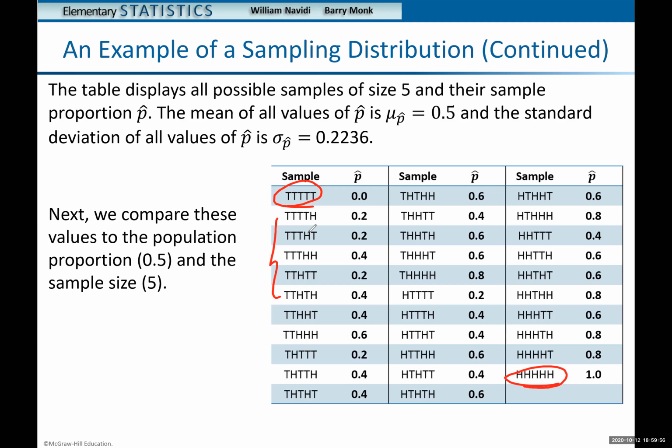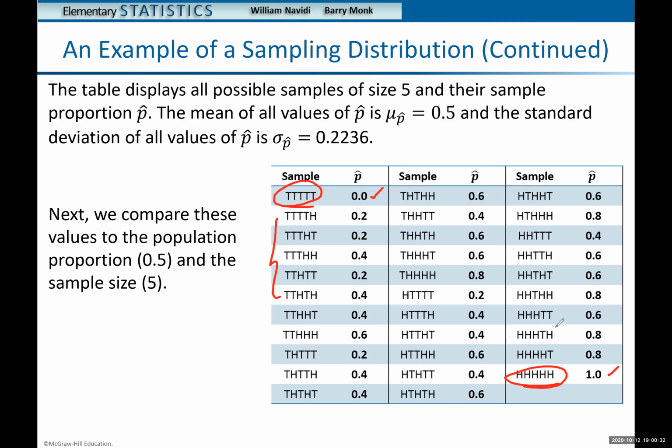If you count all of these, that is equal to 32. And what is the proportion of heads that you're going to get? If in all the tosses you get tails, the proportion is 0. If you get all heads, you're going to get 100%, or 1.0. And these are all the proportions. So this is very similar to what we did earlier. Instead of getting the means, this time you're getting all the proportions.